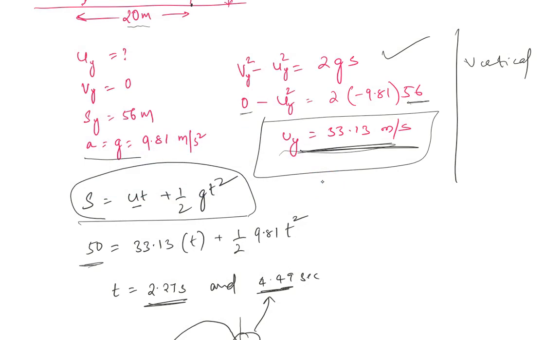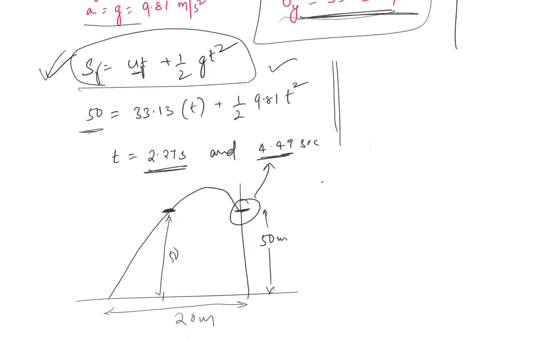Before that we couldn't use this straight away because we don't know u. So we find uy, and then we can find t here because we know the initial velocity. That is why we could not start off with this formula.